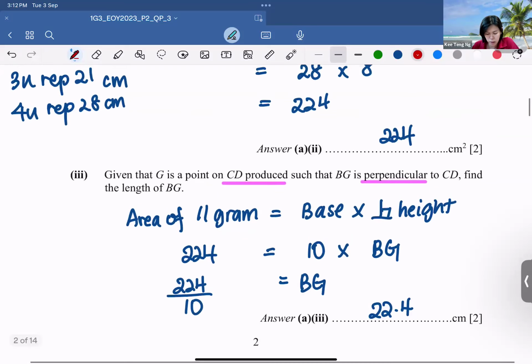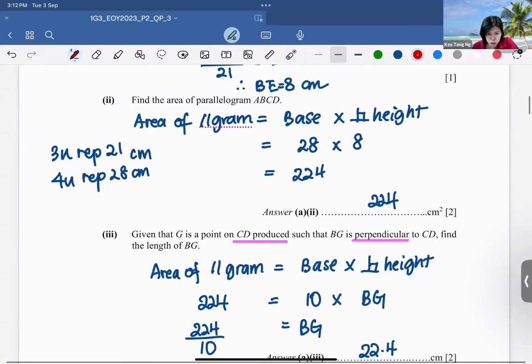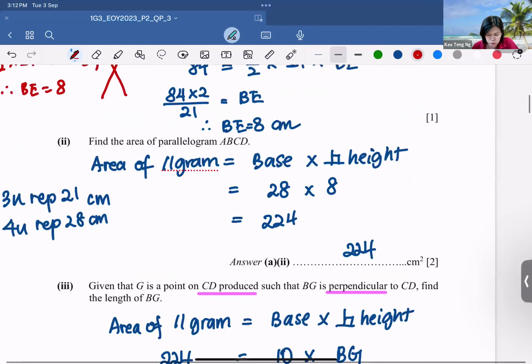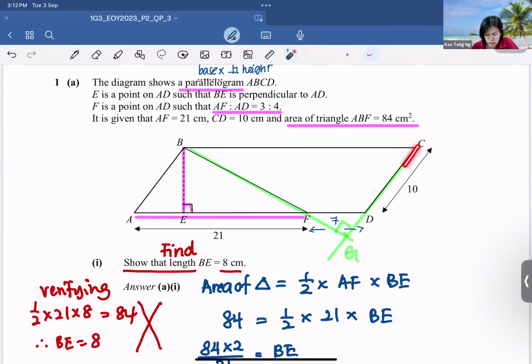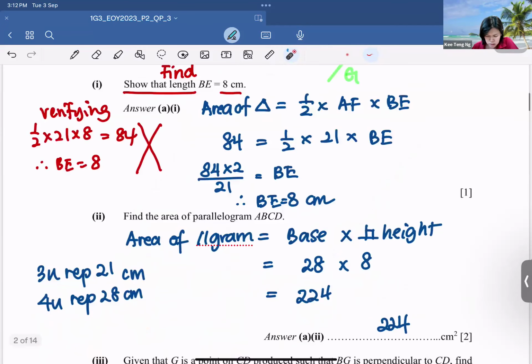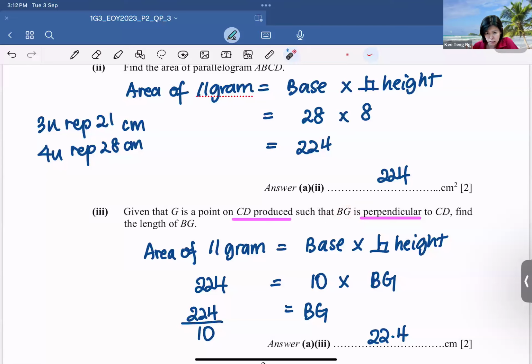Question 1 part 3. C to D produce means I extend CD, keep on extending in this direction. Next part, the question says BG, but there's no such thing as G on the diagram.